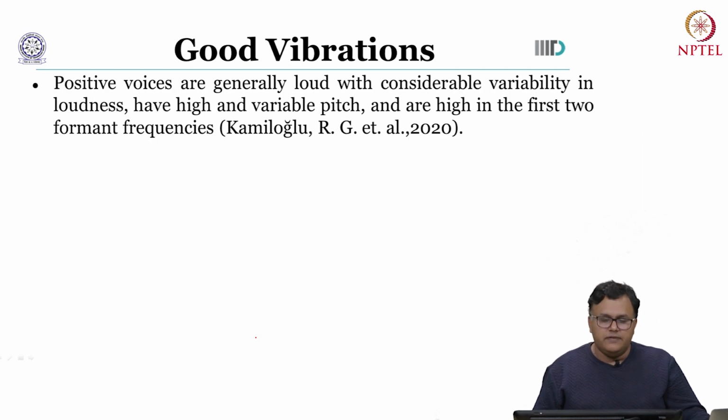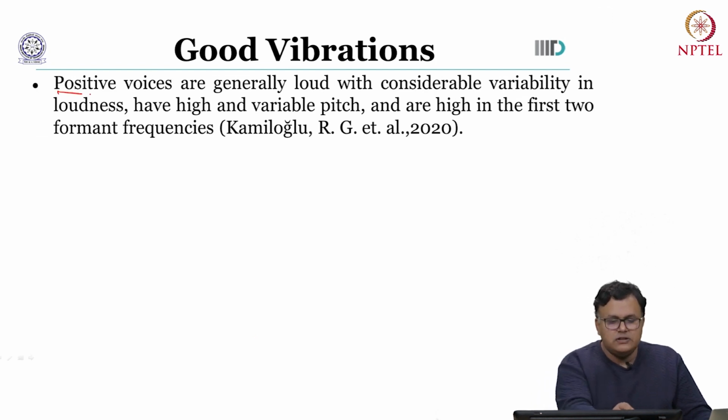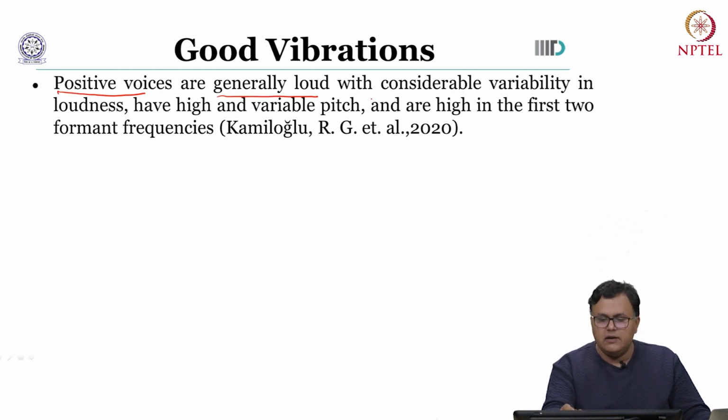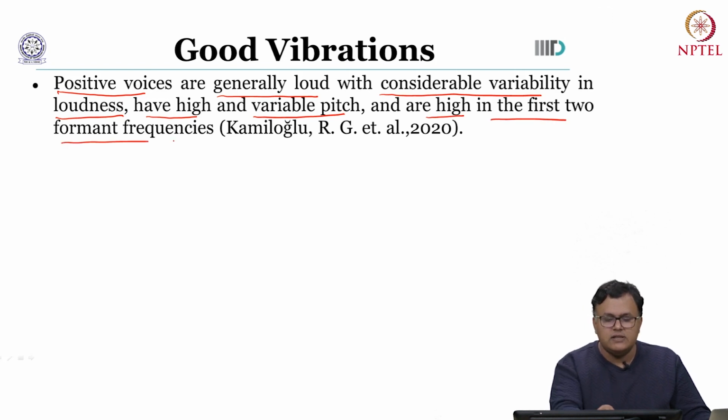Now, what is observed is, based on these features which we discussed, positive voices are generally loud, with considerable variability in the loudness attribute, and have high and variable pitch, and they are high in the first two formant frequencies F1 and F2.